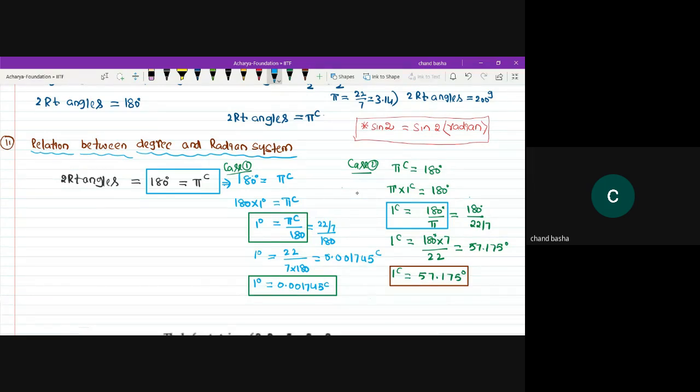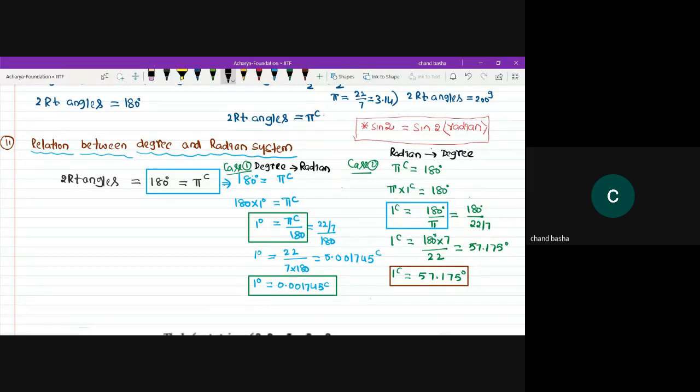Here, degree to radian, degree system to radian system, and here radian system to degree system, radian to degree. So what are the points? Just 2 points I have discussed here.